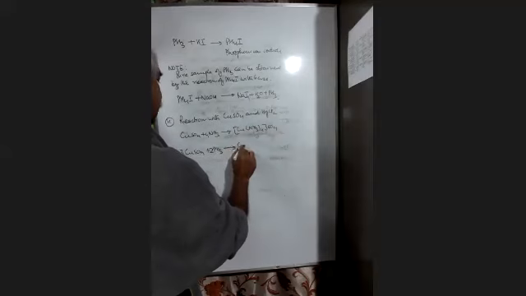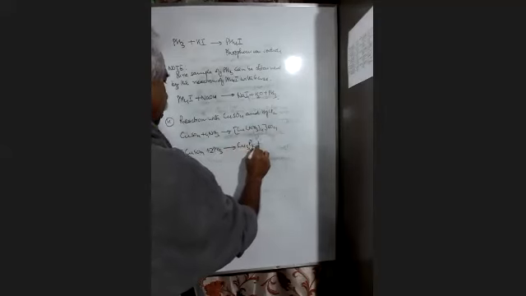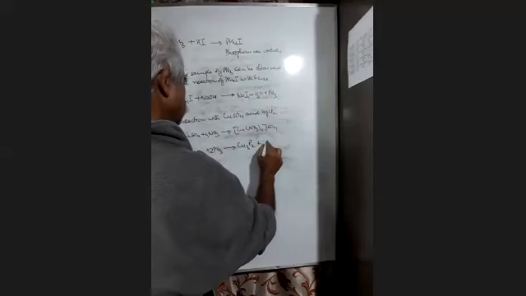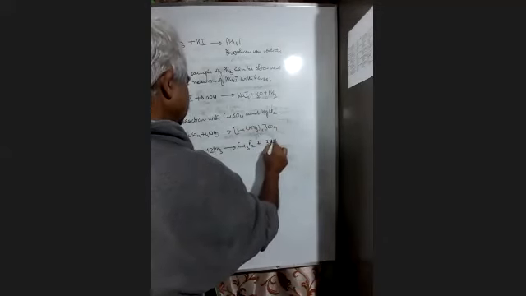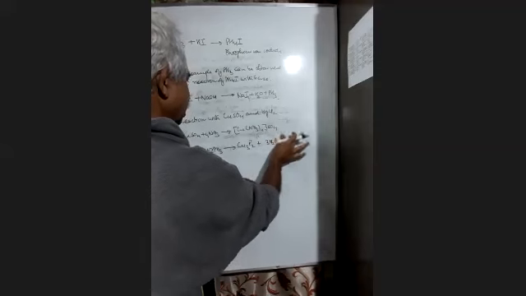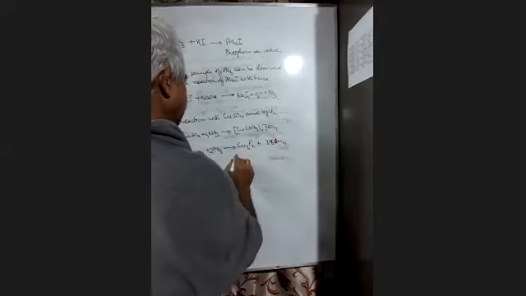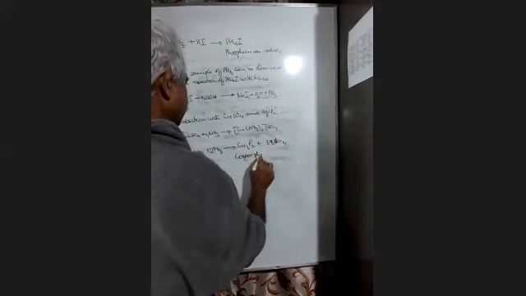But when you react copper sulfate with phosphine, it does not form any complex. It forms a very strange thing. You get now here copper phosphide, very strange. Doesn't form any complex.